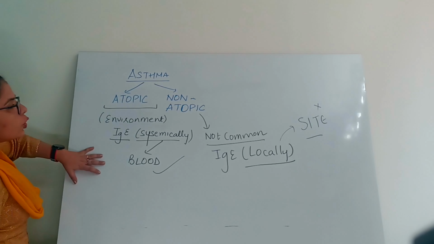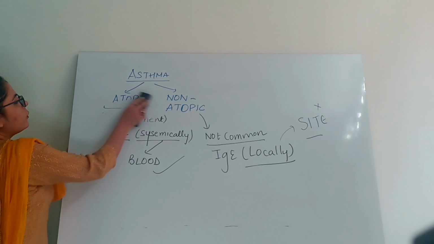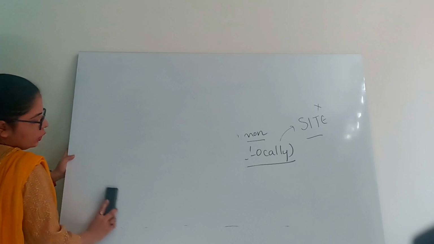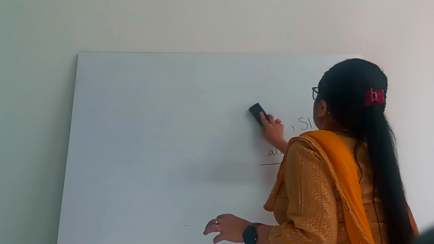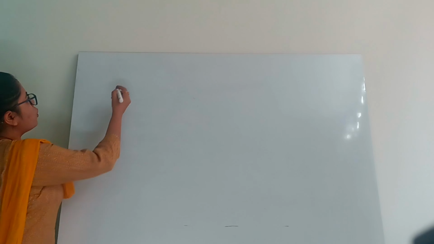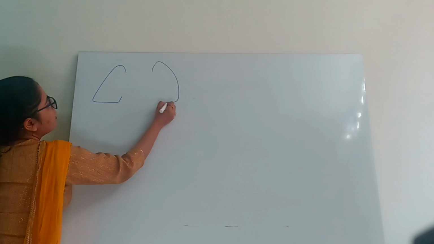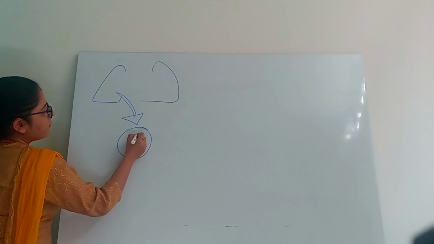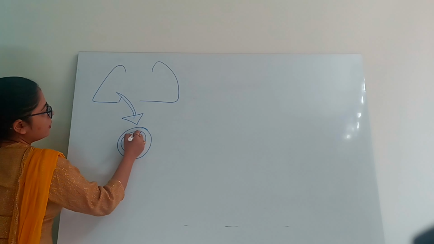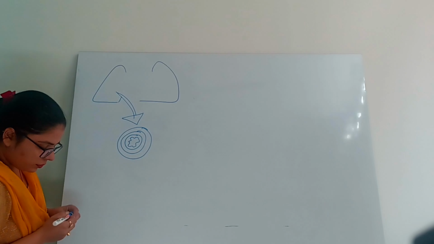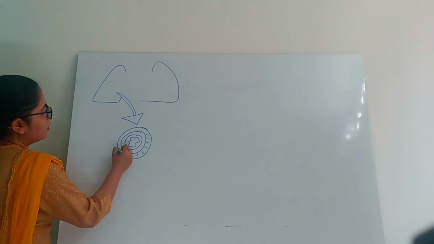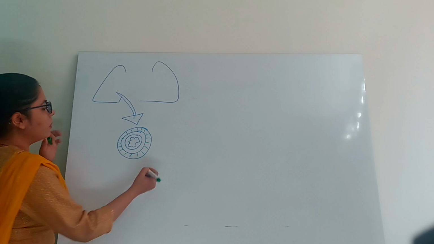So now let's also have a look at how the cells look, how the mucous membrane is present, and where these cells are present. If these are the lungs and I draw a normal diagram, in the lungs, this is how the normal cell looks.